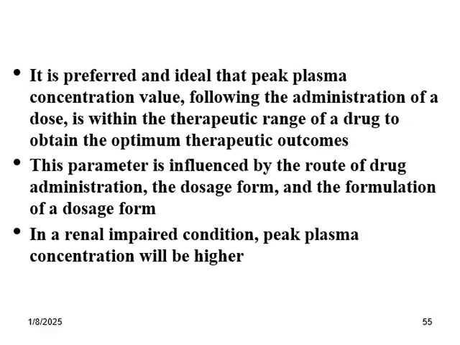The peak plasma concentration is influenced by the route of drug administration, the dosage form, and the formulation of a dosage form. In a renally impaired condition, peak plasma concentration will be higher because the drug is eliminated or excreted less or more slowly.